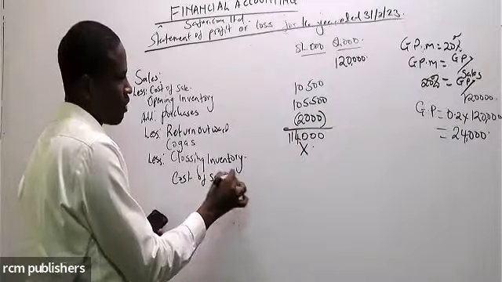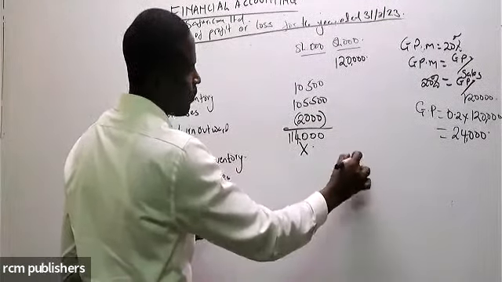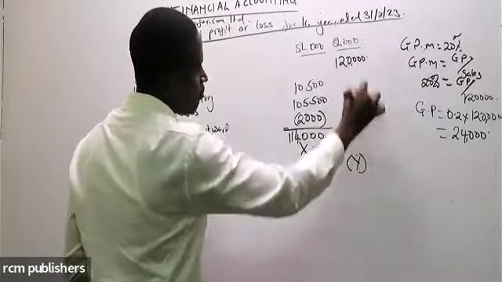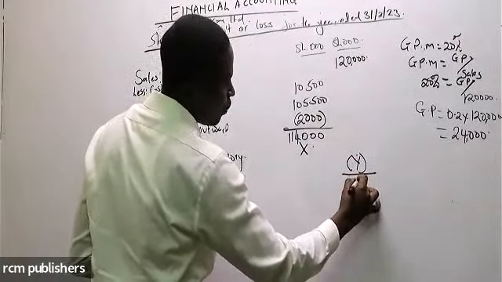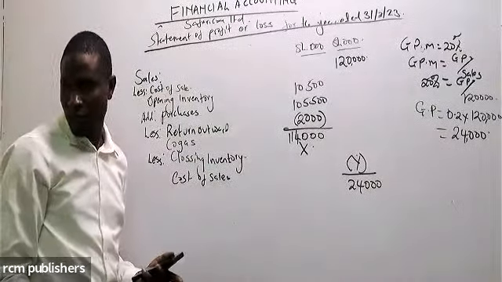Cost of sale itself will be this point. When I take this minus this, I'm going to get 24,000. That will be my gross profit.